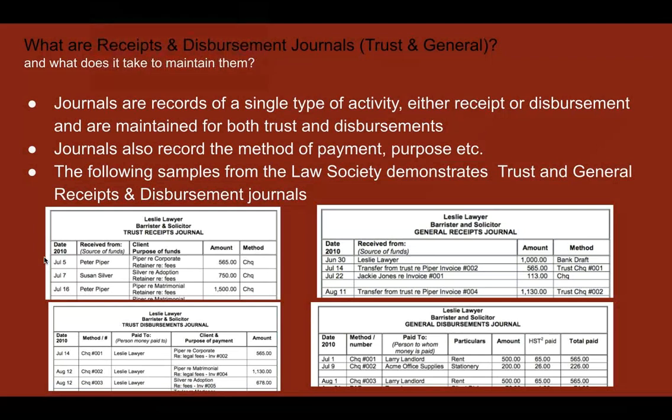Upon that, you also have journals. 4 journals are there. You have trust receipt journal, general receipt journal, trust disbursement journal, general disbursement journal. All of them are entered, and you have the following samples that show you the journals.